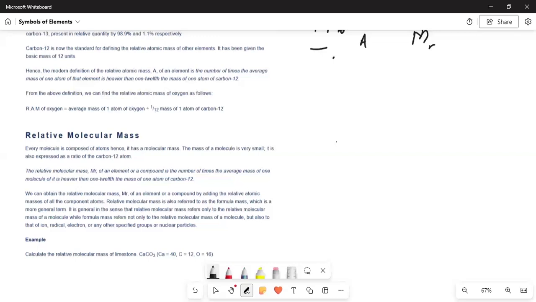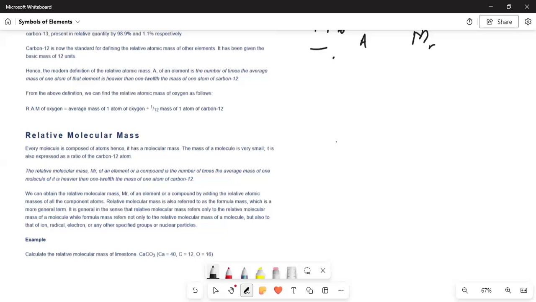So the values given to us are the relative values, not the actual masses of these atoms. The actual masses are too small to be used in any calculation. So calcium is 40, that is 40 times heavier than hydrogen, which was used as a standard. Carbon is 12, and oxygen is 16.